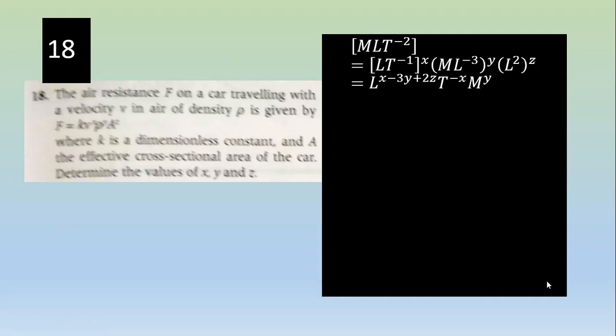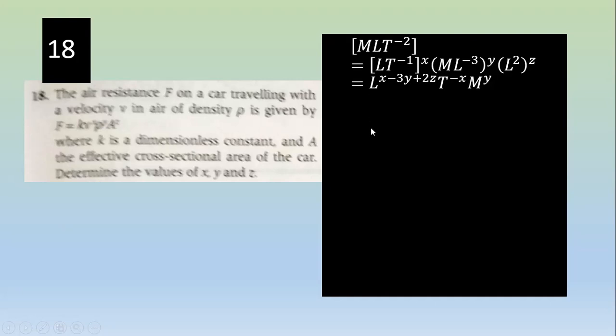Then simplify it. There's L to the power X, then L minus 3Y, L to the power 2Z, and then T to the power minus X. No T here, so there's M to the power Y. That's all. Then equate. The best way is to equate your M first.